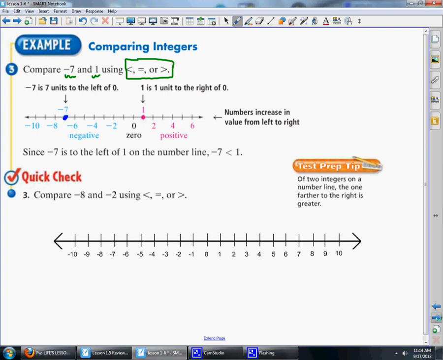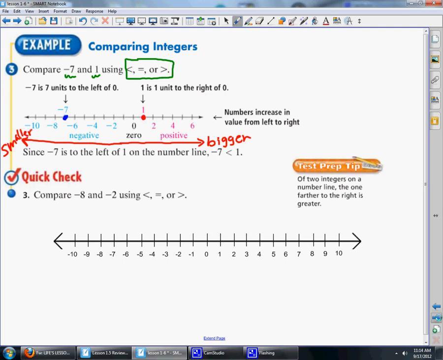We graph negative 7 there, and then they graph 1 here. So the number line increases in value as you move to the right. So as you move to the right, the numbers get bigger, and as you move to the left, the numbers get smaller.